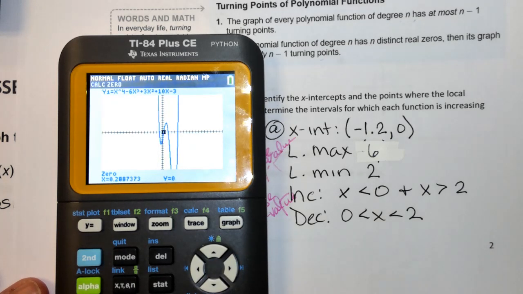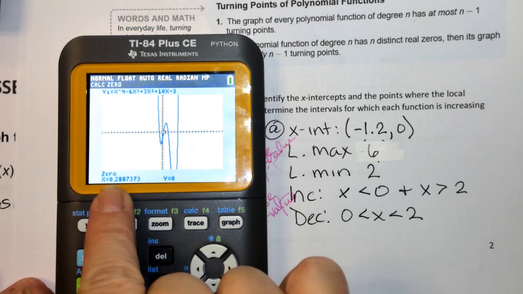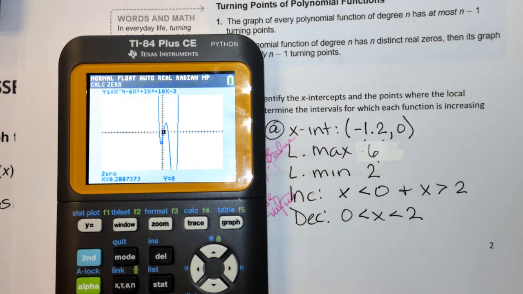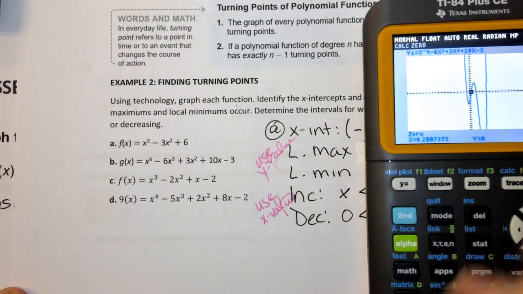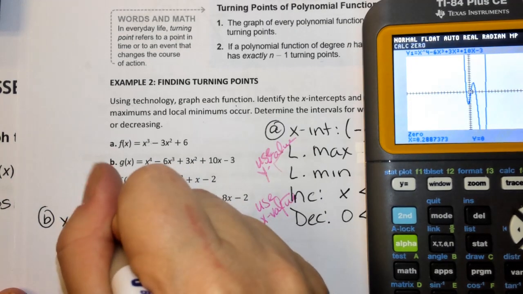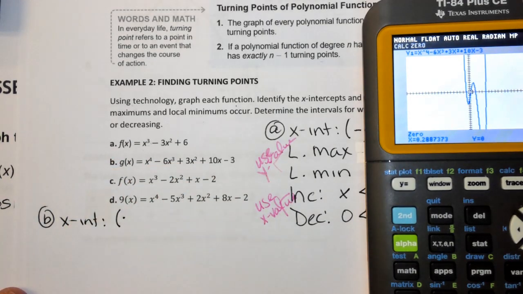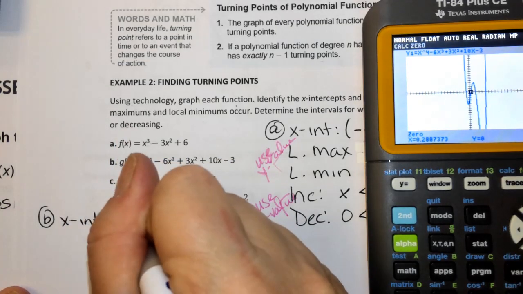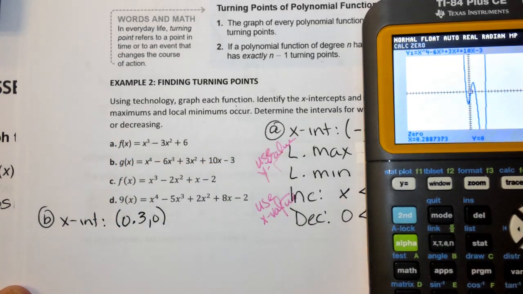So it is telling us right here that one of ours is 0.28. So let's round, make that 0.3. All right, so I'm going to write B here. Our x-intercept, is that positive or negative? Positive. 0.3, comma 0. So that is one of them.